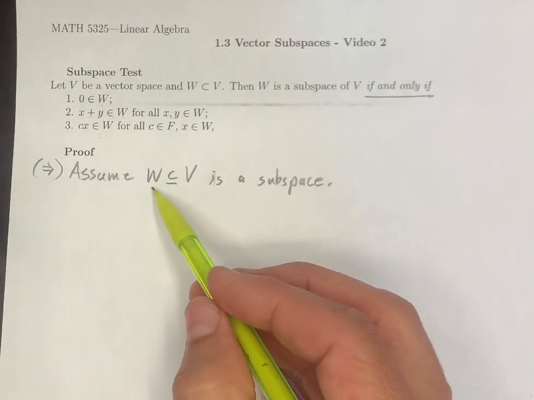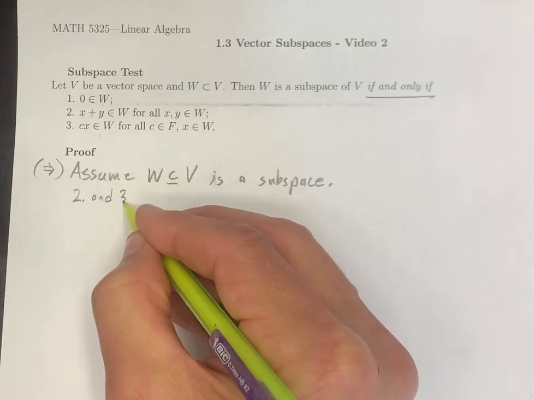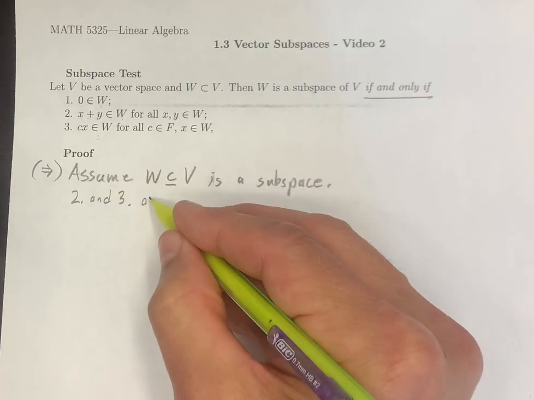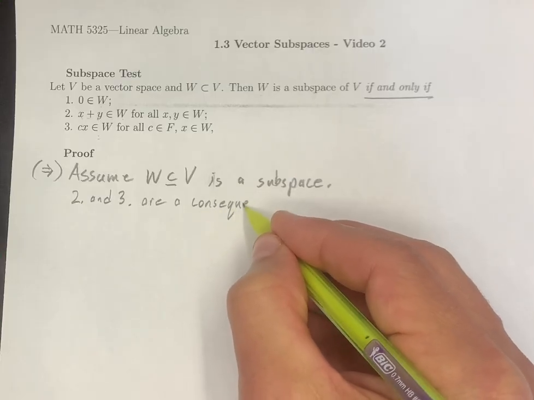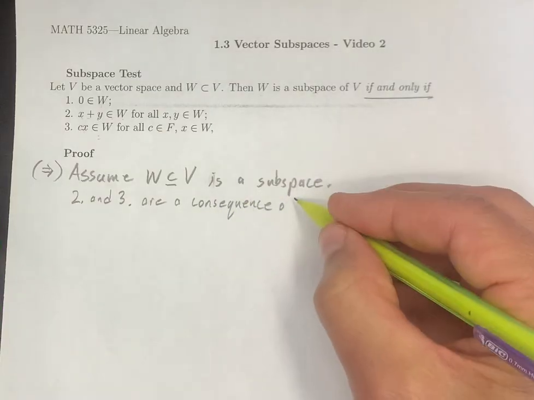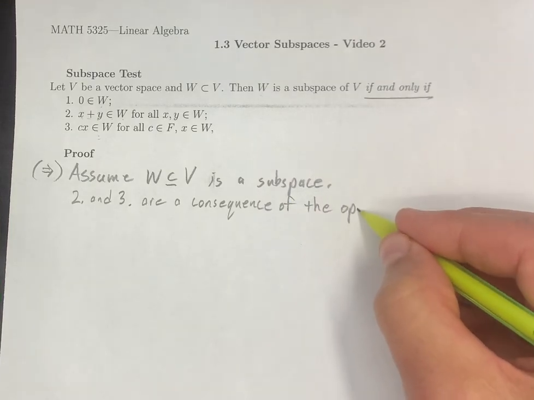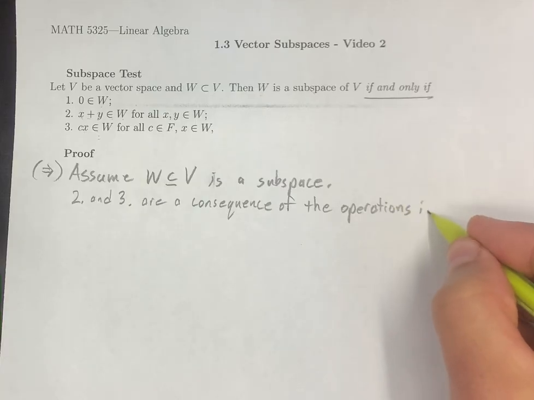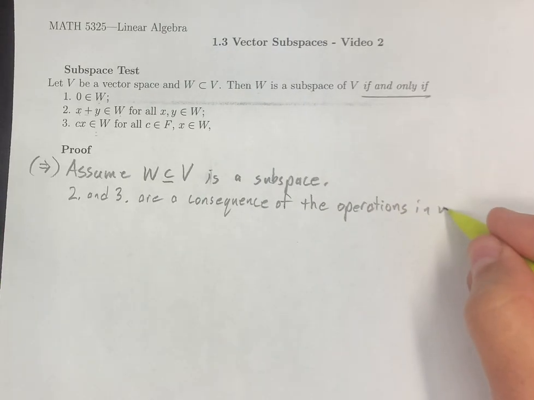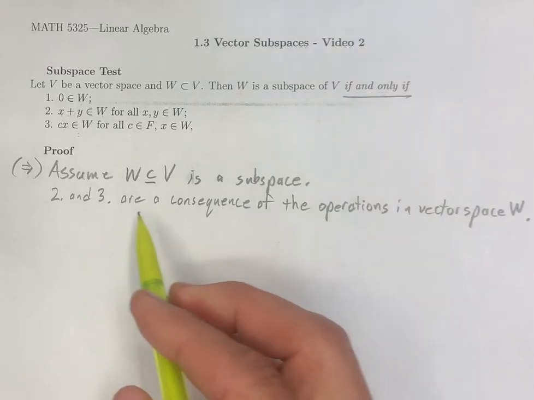If W is a subspace, 2 and 3 are a consequence of the operations in vector space W. Those operations are closed, right?